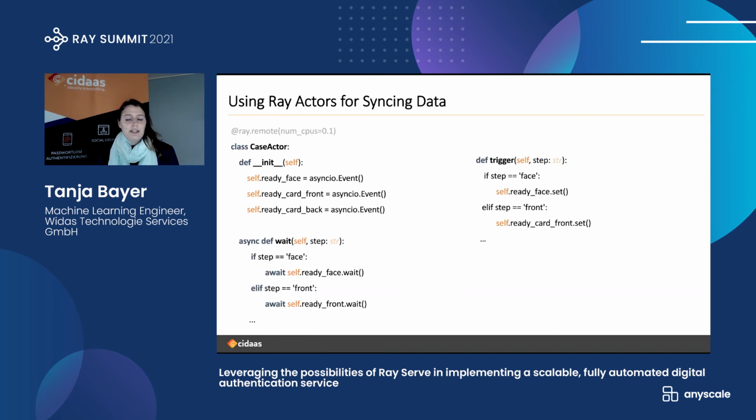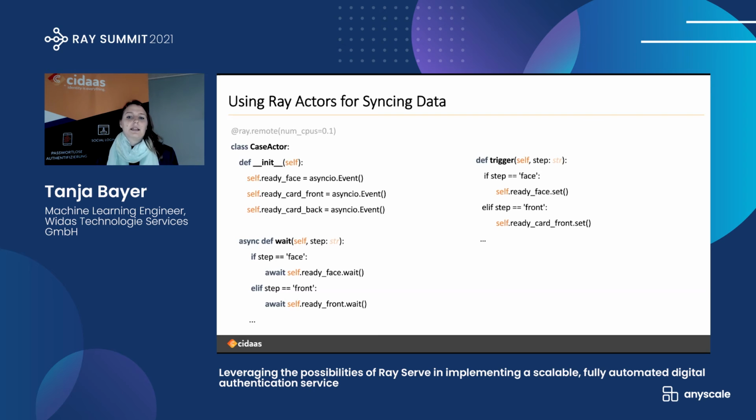Once we have that one, the missing part is how we are able to trigger the events, how to start the events or to release the events when new data is incoming. This is also done by providing a function, which we call trigger, and which has a parameter for the different steps.